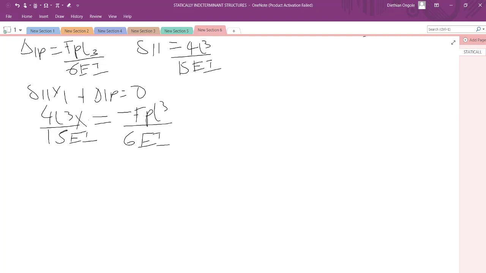When you multiply, we shall be getting x1 equal to negative 5 over 8 FP. After doing that, now we come and draw our bending moment diagram.